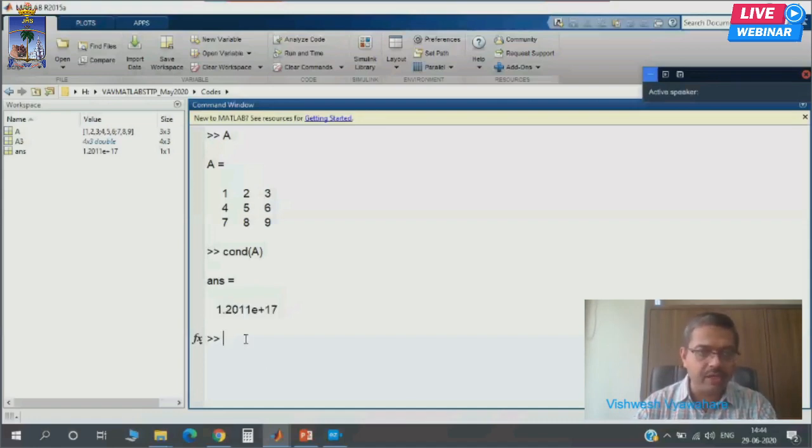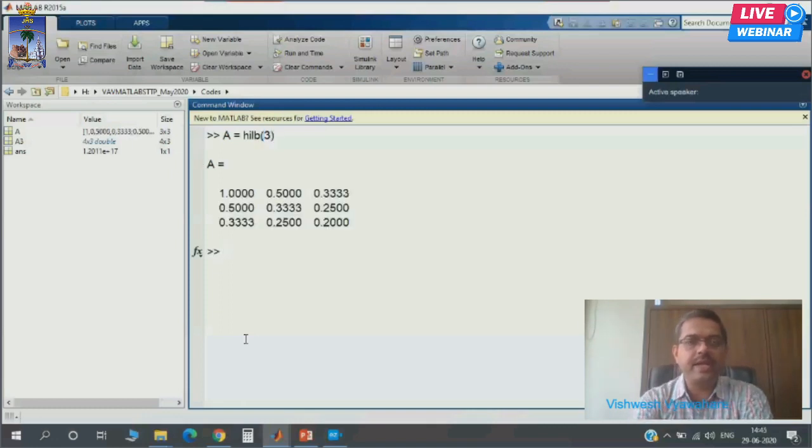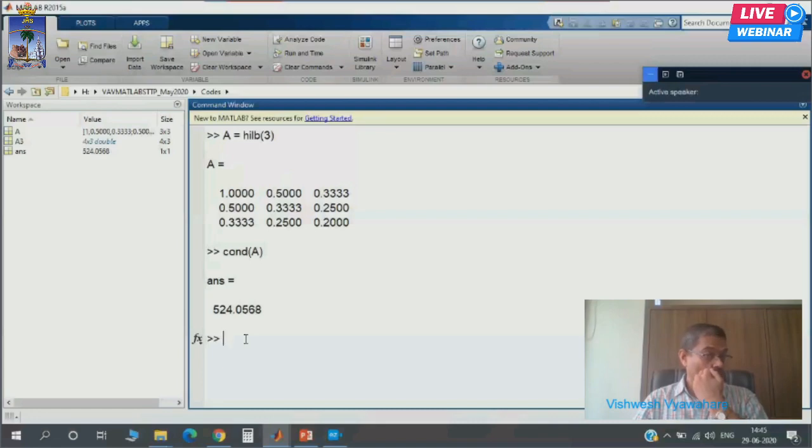Let's now test it for our Hilbert matrix. So let me define A is equal to hilb(3). So this is a 3 cross 3 Hilbert matrix. You remember this. Now let me find out the condition number of A. You see it's fairly large. It's 524.